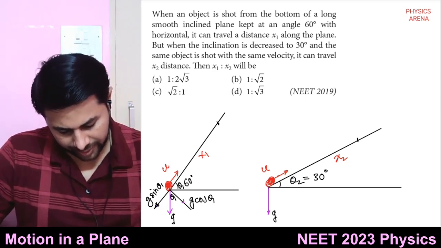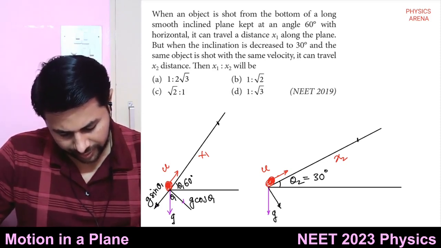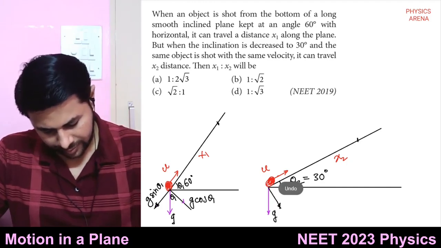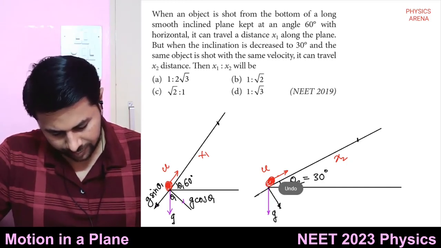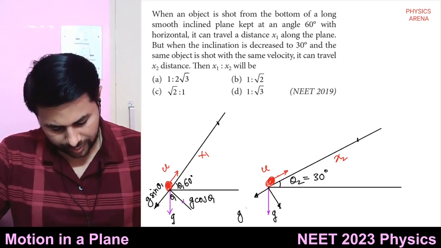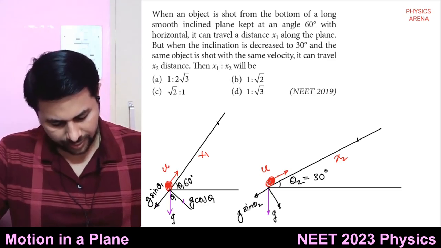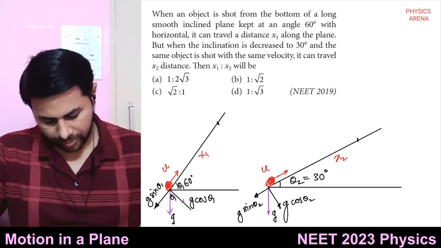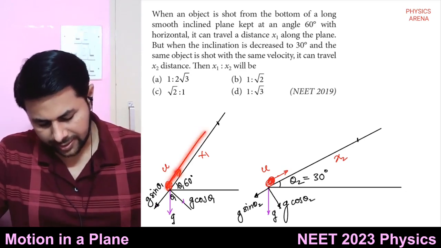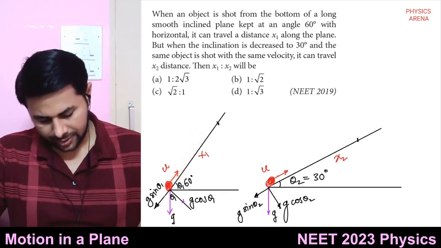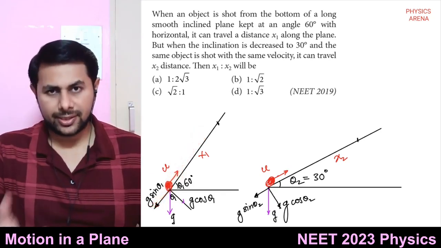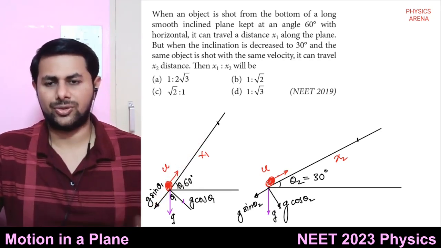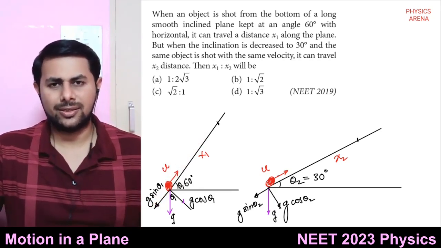Similarly here, you can resolve this along two perpendicular components: g sin theta 2 and g cos theta 2. The motion of this object is like this, and g sin theta 1, the acceleration in the direction of motion, is actually in the opposite direction of motion, so we'll take it as negative.